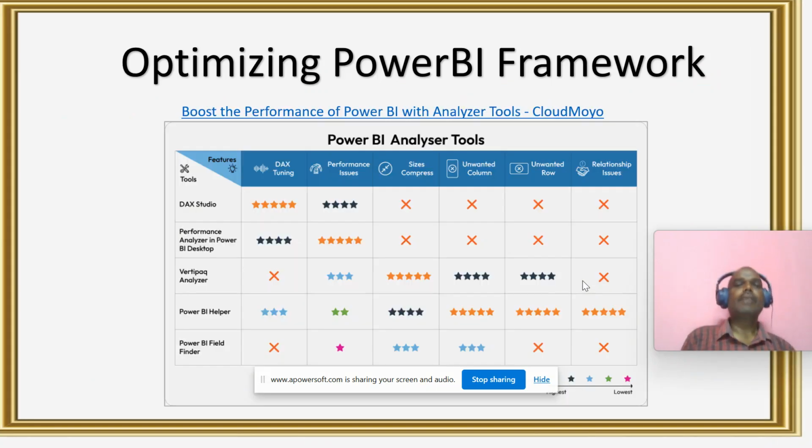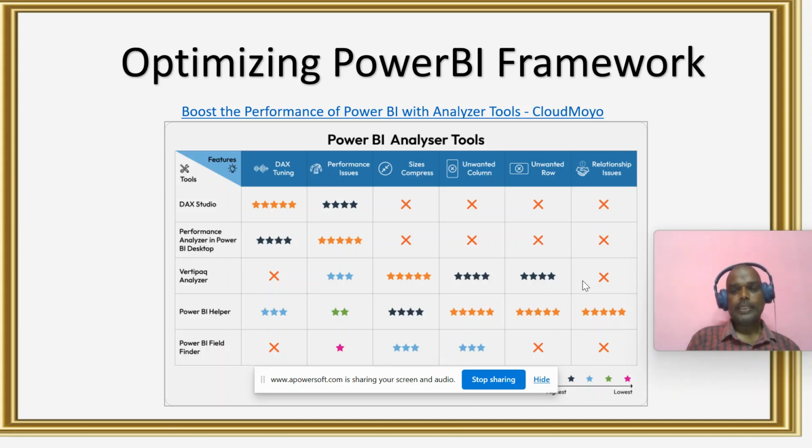This is a fantastic comparison of the Power BI analysis tools. If you are working on DAX tuning, then DAX Studio would be the better one. If you face performance issues, you can use the Performance Analyzer, which is available in your dashboard.